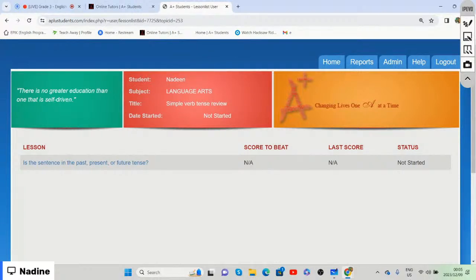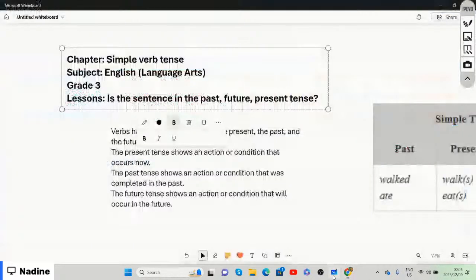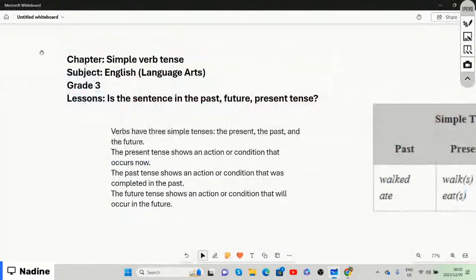So we're doing our chapter on simple verb tenses, and usually if you hear the word tenses, you must know it has to do with the past, the future, or the present.